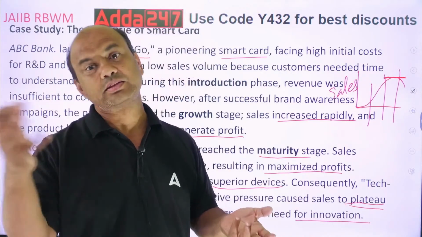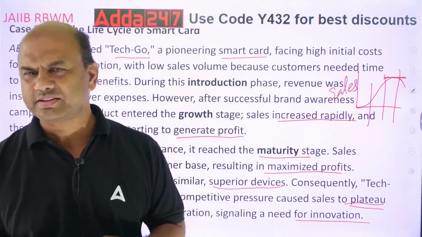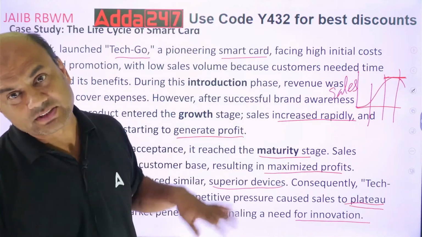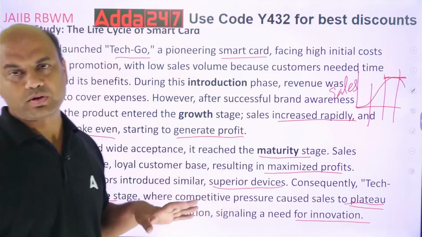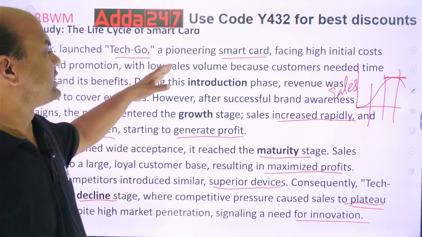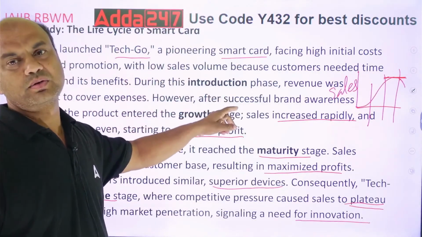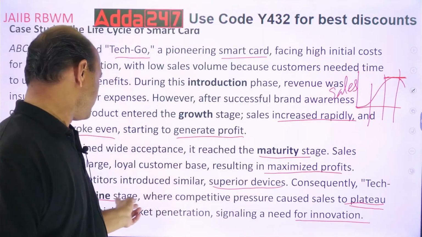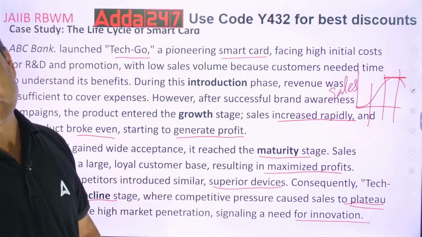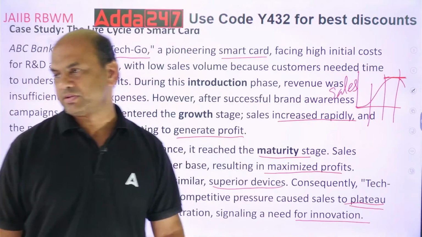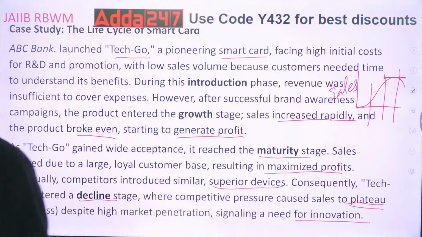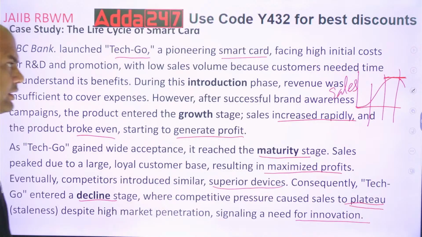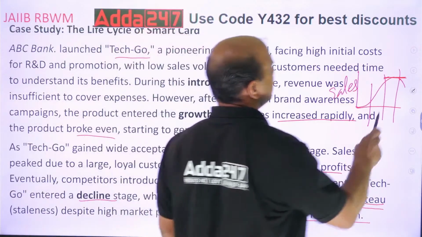So again the sales rise. Same thing, isn't it? So this is the case study for PLC, product life cycle. Look at the stages, and the points are also mentioned over here: introduction, growth, maturity and decline. These are the four stages. Now we'll have questions based on it. So let's move on to the questions.